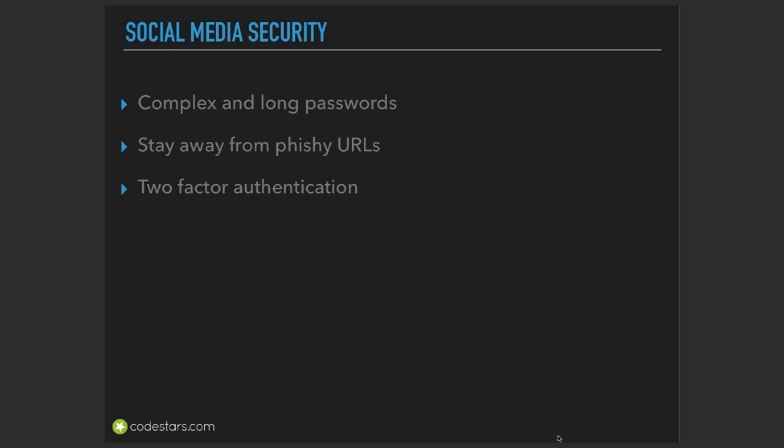Okay? So you have to approve this login from your phone, from your email, from some authentication app maybe, so that they can only log in after you approve them. So this is very crucial. Just stop here and go to your social media accounts and start using two-factor authentication if you're not using it already.